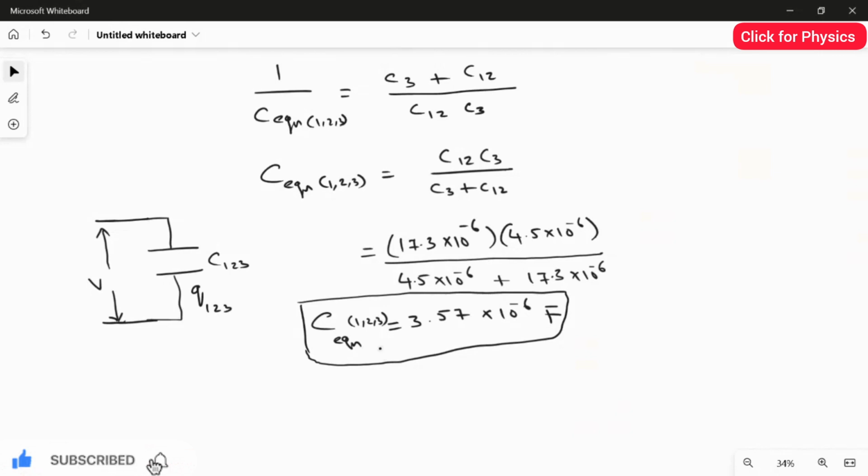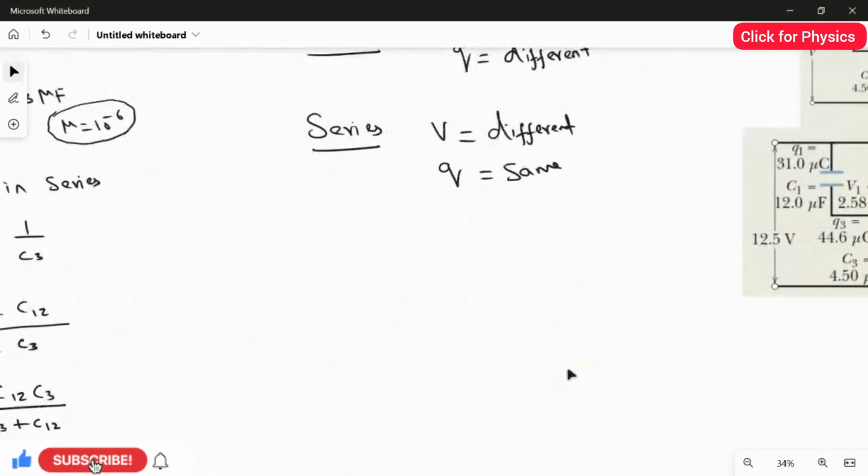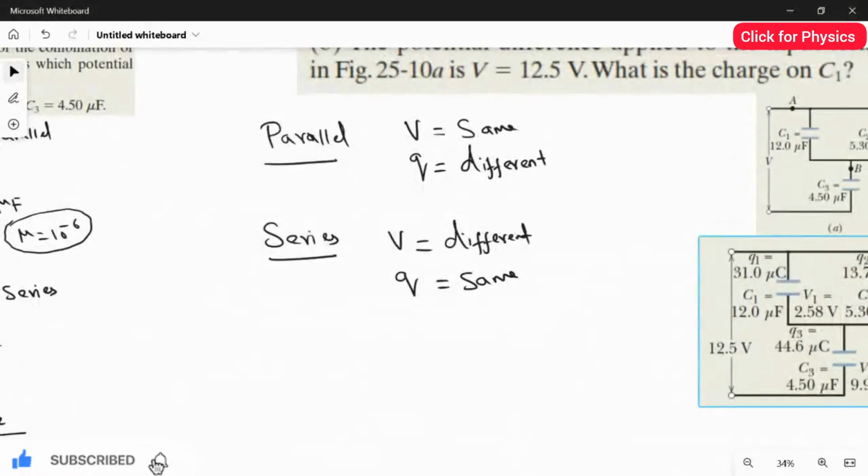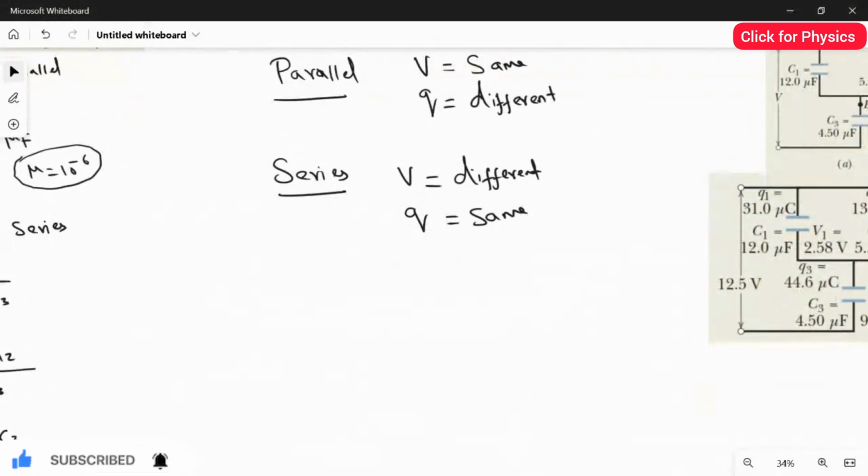First I'm going to identify the total charge in the capacitor combination, so I need this answer. In the first step, I'm going to find the total charge. Here I'm going to apply the rule for capacitance. In theory we studied that the capacitance of a capacitor is given by C equal to Q over V.